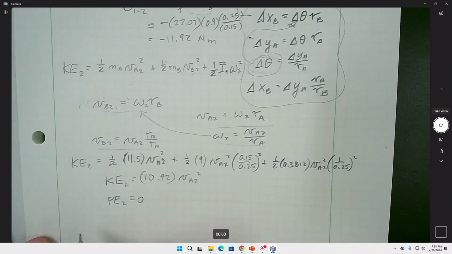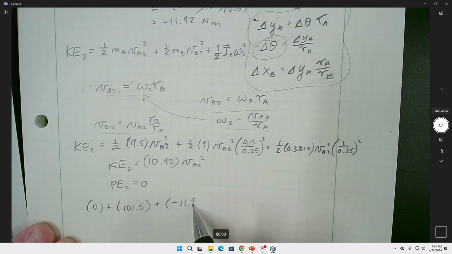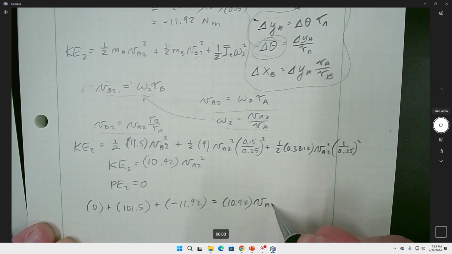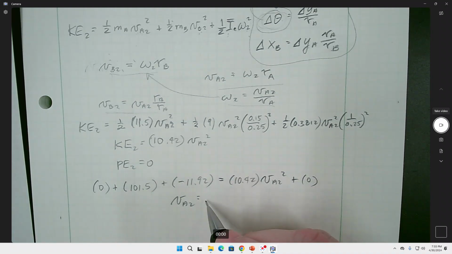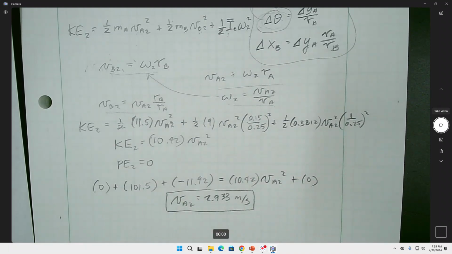So we can plug all those back into the original equation for the kinetic energy, and we're going to get 101.5 plus a negative 11.92 equals 10.42 VA2 squared plus 0, and we get VA2 equal to 2.933 meters per second.